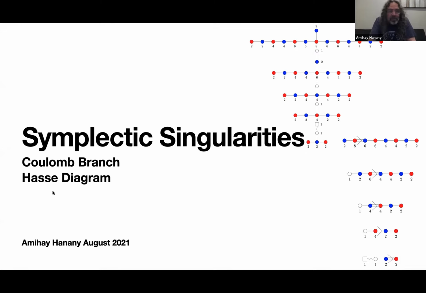Hasse diagrams have been used to analyze some symplectic singularities, in particular in the context of nilpotent orbits, and also slices in the affine Grassmannian, but they are actually useful both as physical objects and as mathematical objects to understand the singularity structure of those singularities.